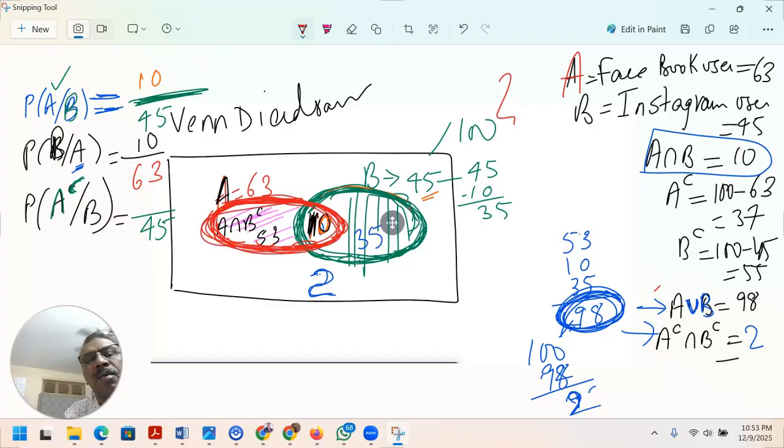We want A complement, meaning a student who does not use Facebook. He is an Instagram user but does not use Facebook, so it has to be 35. Look at that beautiful thing. So these 35 kids don't use Facebook but they use Instagram. So this becomes 35 out of 100, if I want to write the probability of B and A complement.